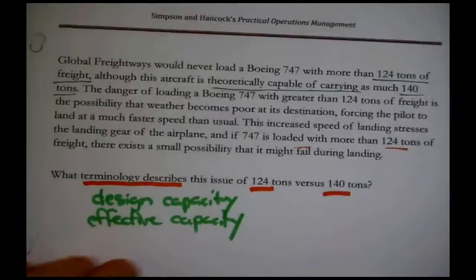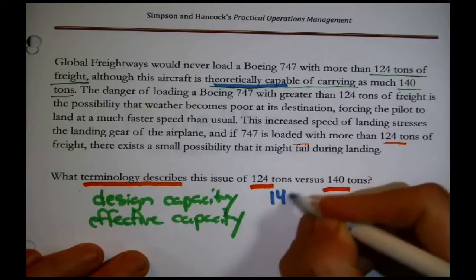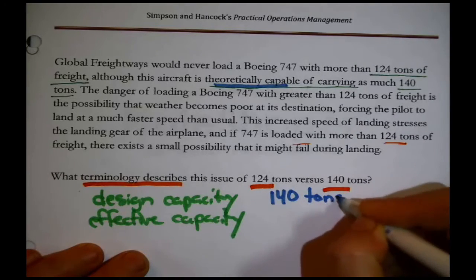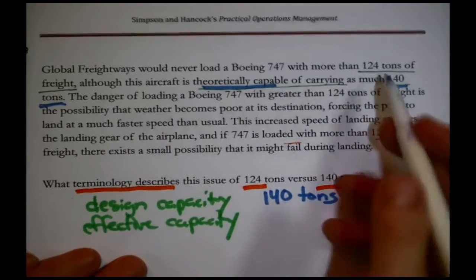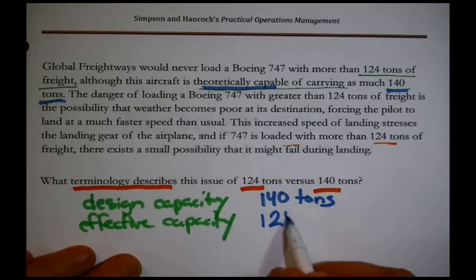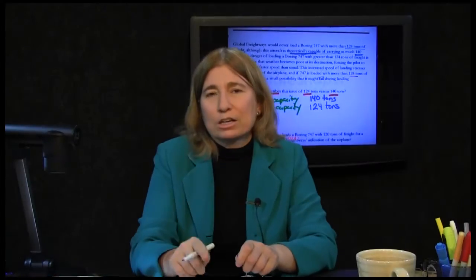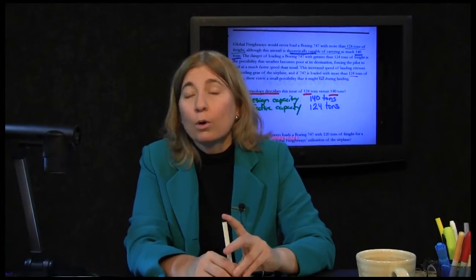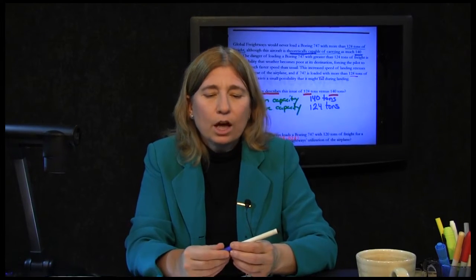And they said it here: theoretically capable of carrying 140 tons of freight. That is its design capacity. The effective capacity is what you can reasonably expect at maximum out of a system. Okay, effective capacity, in a certain sense, is more realistic.